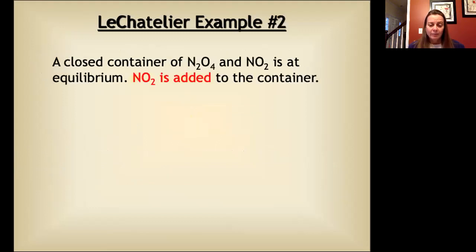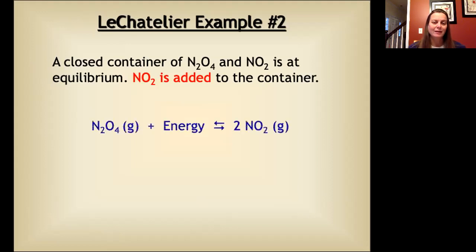Okay, different example. We have our closed container of dinitrogen tetroxide and nitrogen dioxide, and it's at equilibrium. We're going to add some nitrogen dioxide to the container. So here's our balanced chemical equation: dinitrogen tetroxide plus energy is going to yield 2 nitrogen dioxide.